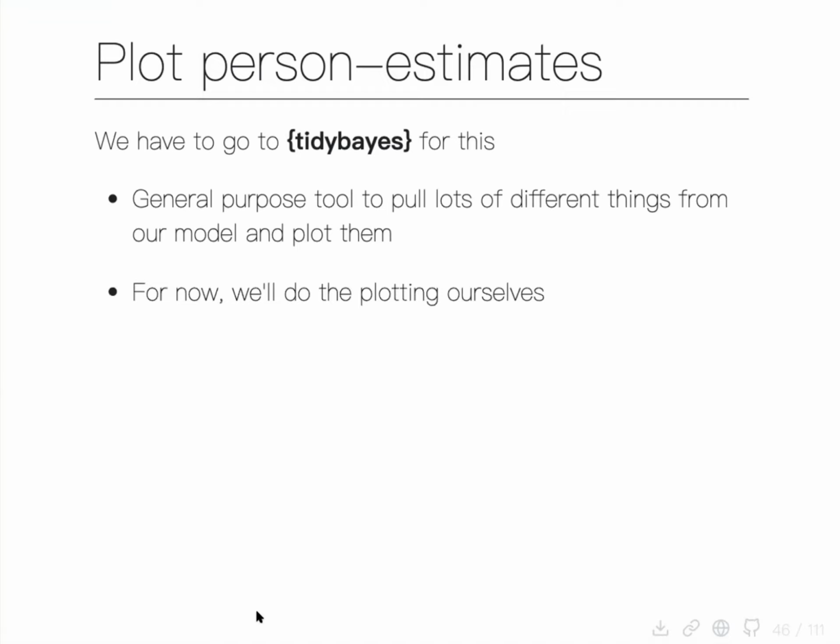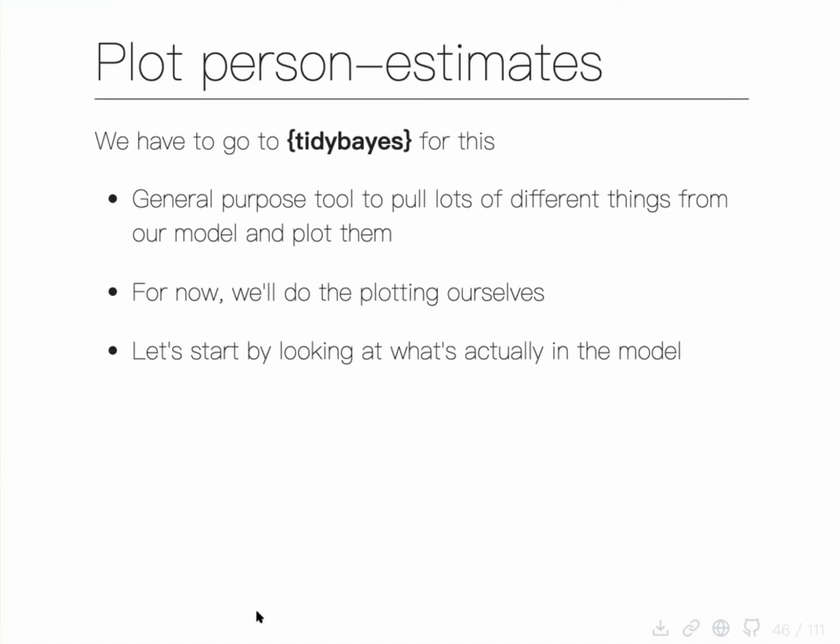So for now, we'll do the plotting ourselves, but later we'll actually use some of the tools from this package for plotting. The reason we have to do the plotting ourselves in this case is because there's not a tool that I'm aware of to do the same sort of plot that we had before, that sort of caterpillar plot, using the existing tools.